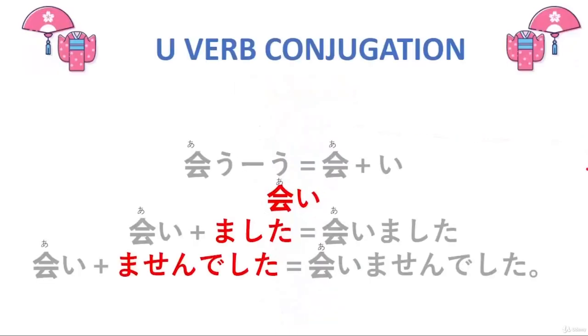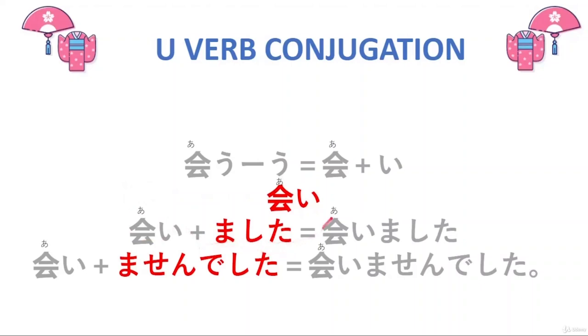Let's take a look. Au, to meet. We take away u. Okay, we have a left. And because we moved one step back, it was i, so we add i. So we have ai. Very good. And for past affirmative, to ai we need to add mashita.